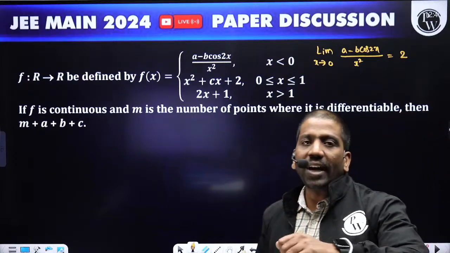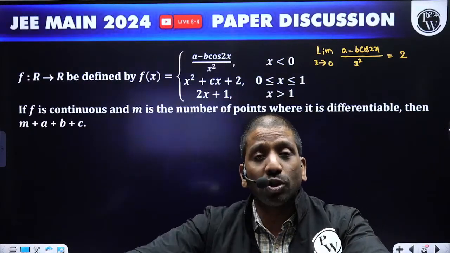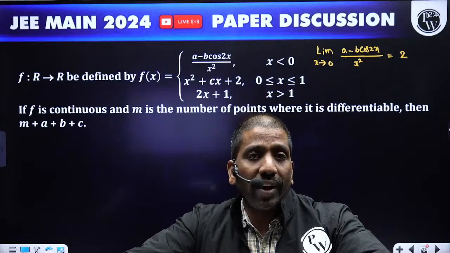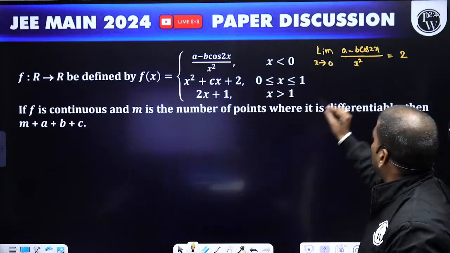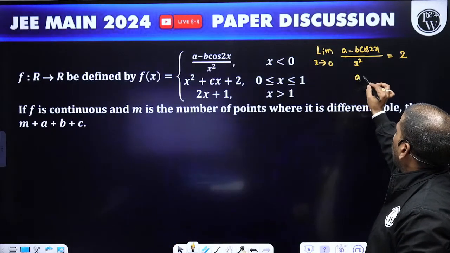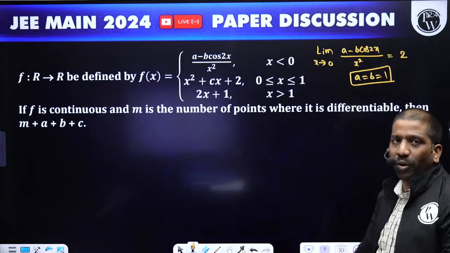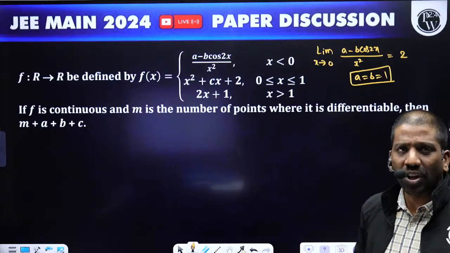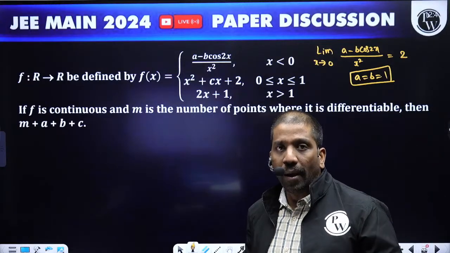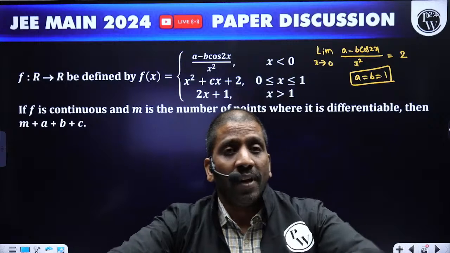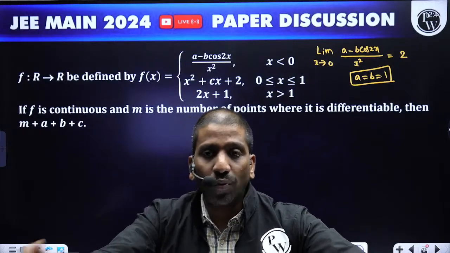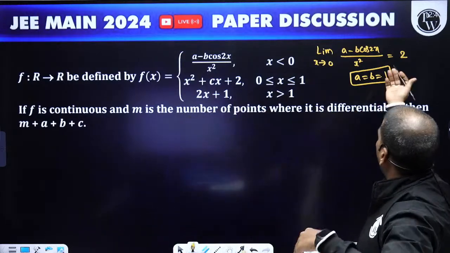As we know many times, a equal to b, suppose 1 minus cos 2x, that is 2 sin square x, that will become 1, right? So 2 times 1. We can guess, because many times we come across this, or otherwise apply expansions, or apply L'Hopital's rule. So you will come to a is equal to b. So when a is equal to b, that is equal to 2.